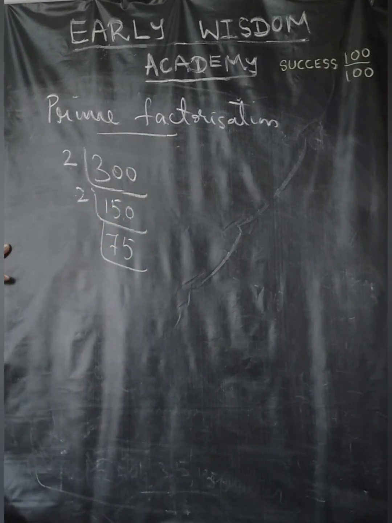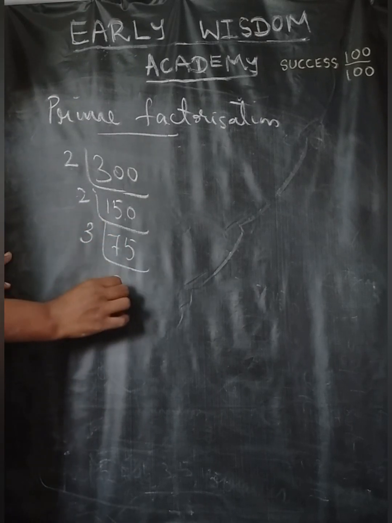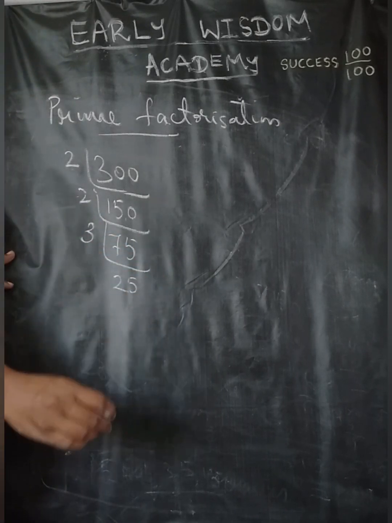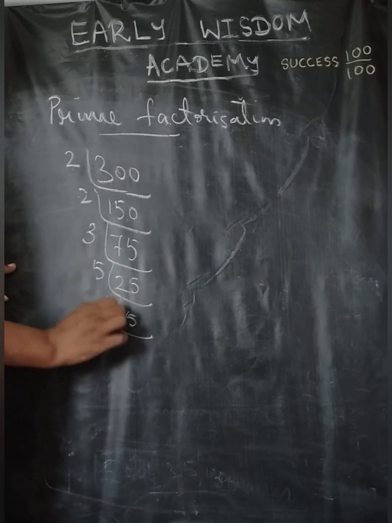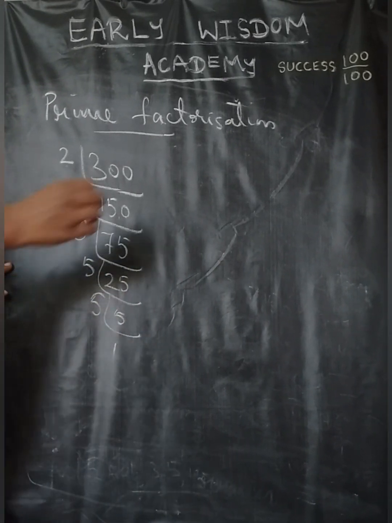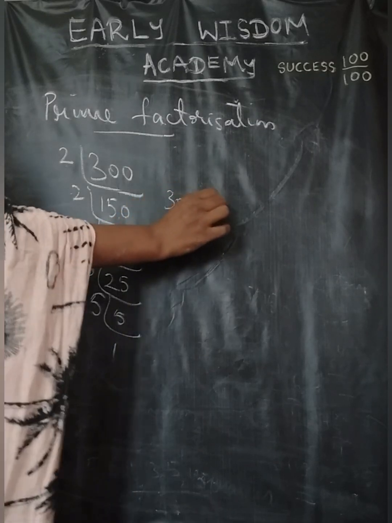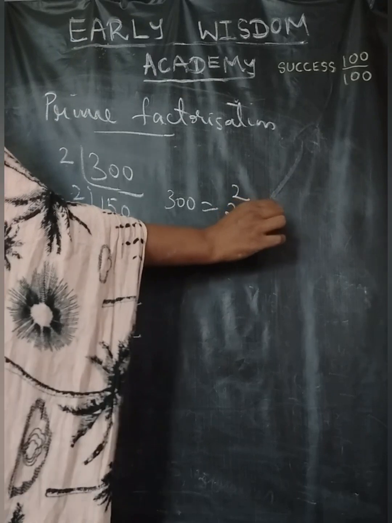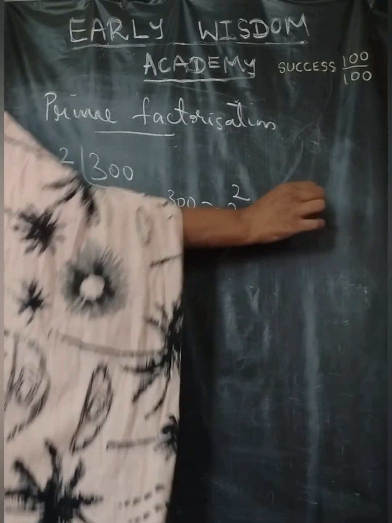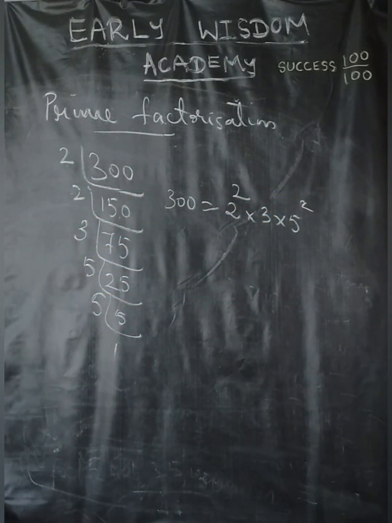Then the next prime number is 3. 3 2s are 6, 5 3s are 15. Next it is divisible by 5, 5 5s are 25. So 300 has the factors 2 squared into 3 into 5 squared. This is your prime factorization.